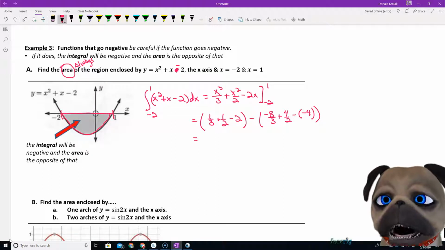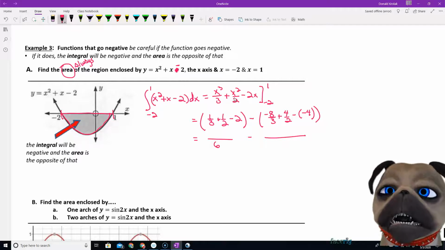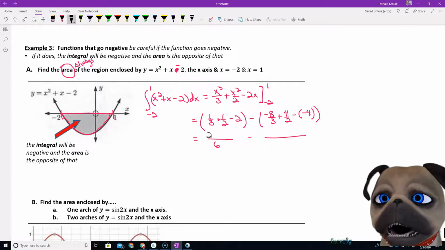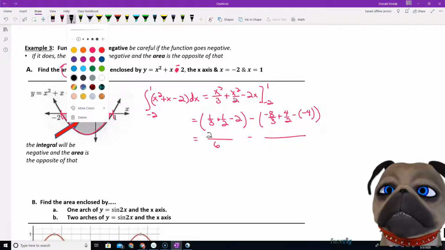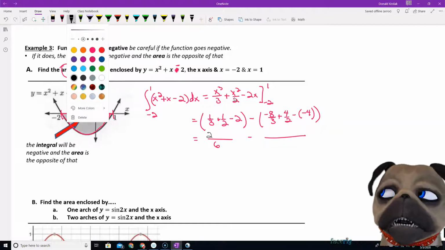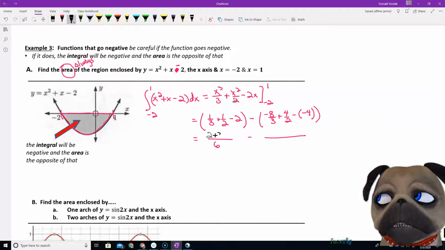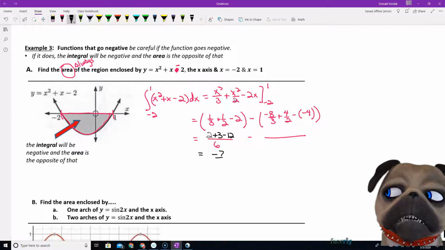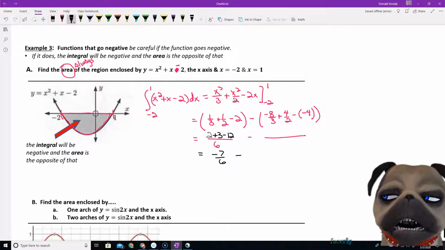Okay, get a common denominator. That's going to be 6. And so our numerator here will be 2, 3, and 12. So that gives us negative 7 over 6 for that portion.